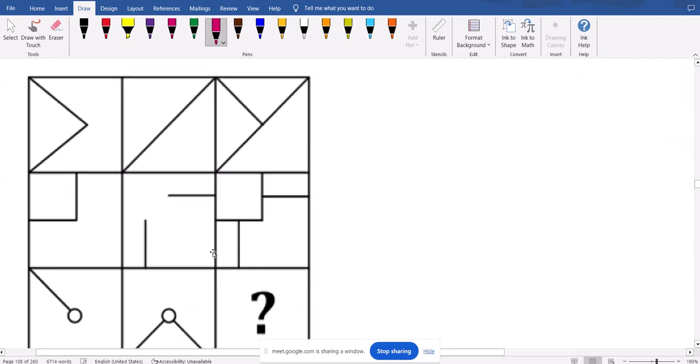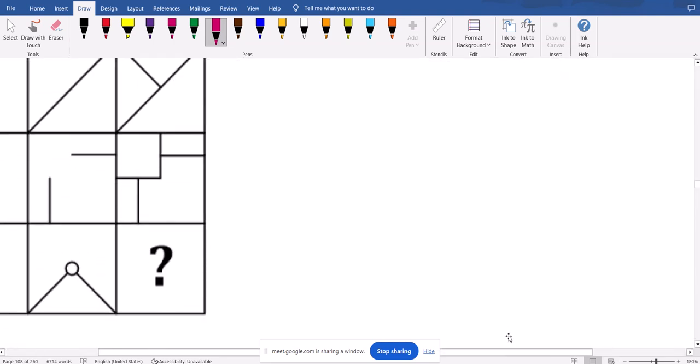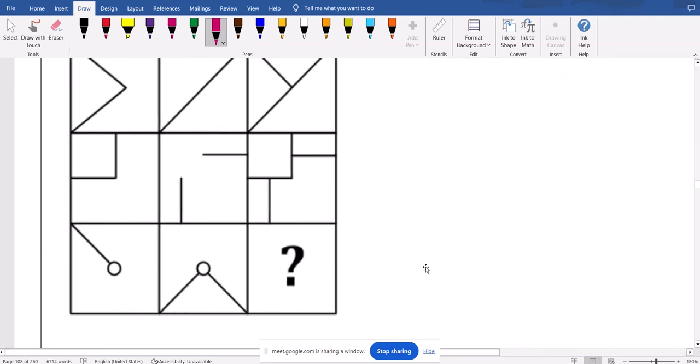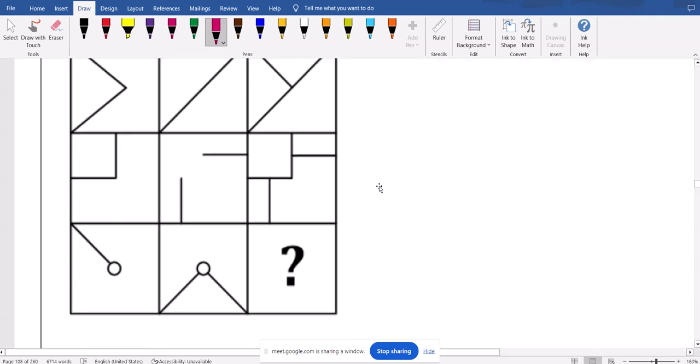Figure matrix related stuff. Now, what about this question? What is the logic? Adding of first and second. Okay, good.